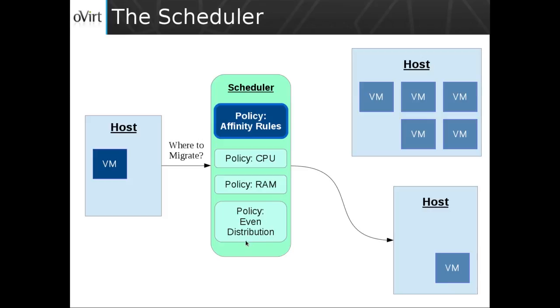You also have the even distribution policy, which tries to make sure that no host is loaded more than another one, so you distribute the VMs accordingly. In that case, we ask the scheduler where to migrate the VM, and the scheduler tells us to migrate the VM to this host down here, and that's it.